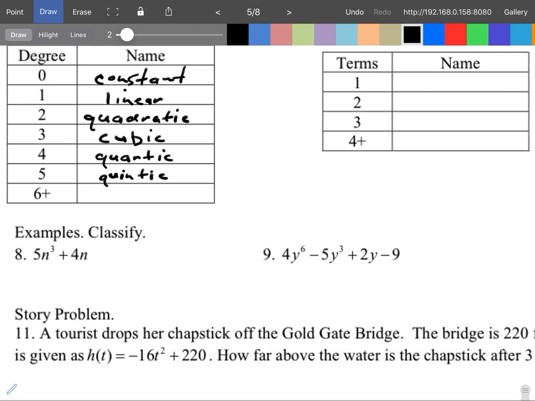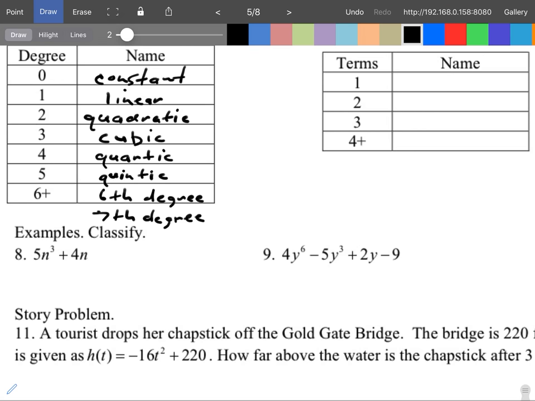And that's as far as they go in terms of naming them by their degree. So if it's got 6th degree, they just say it's 6th degree. If it's got 7th degree, they just call it 7th degree. So that would be naming the polynomial by its degree.